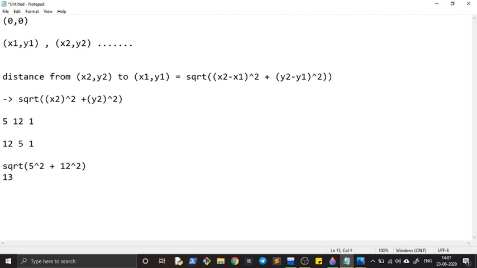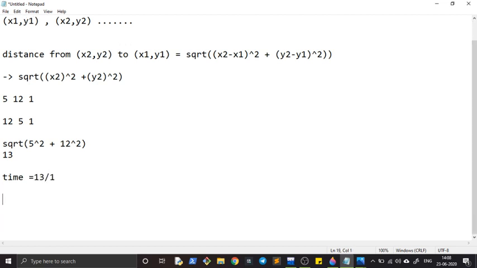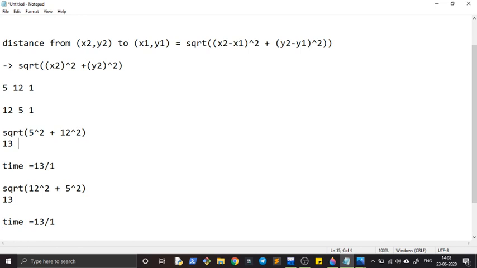The velocity given is 1, so the time is 13 by 1. Similarly for the other car, we have the distance square root of 12 square plus 5 square, which is 13, and the time also is 13 by 1, which is 13. So both these cars reach the origin at the same time, that is 13.